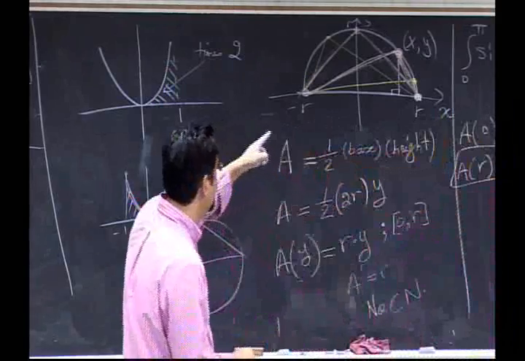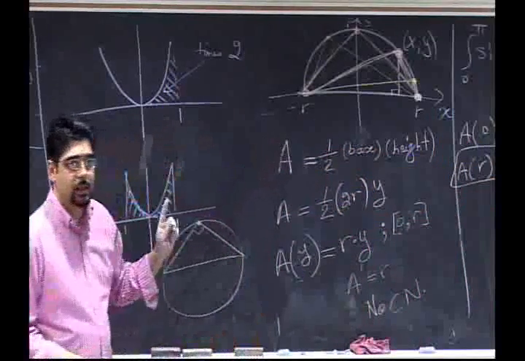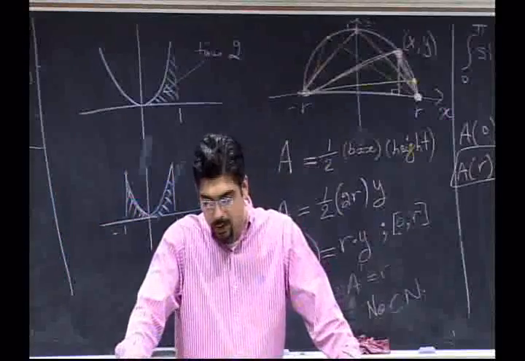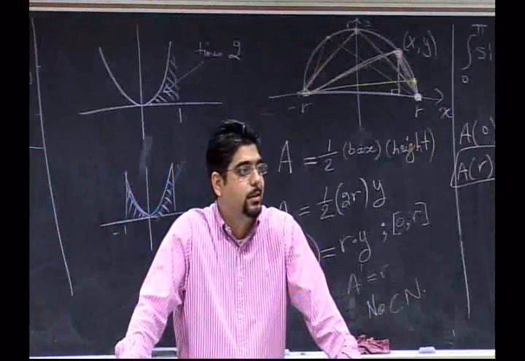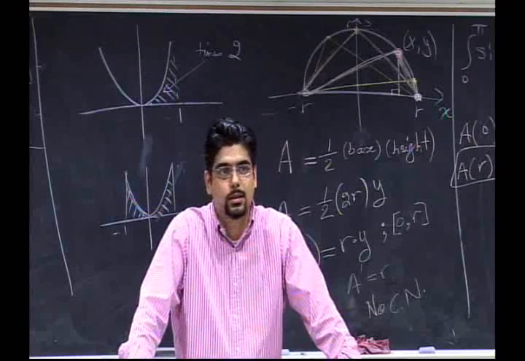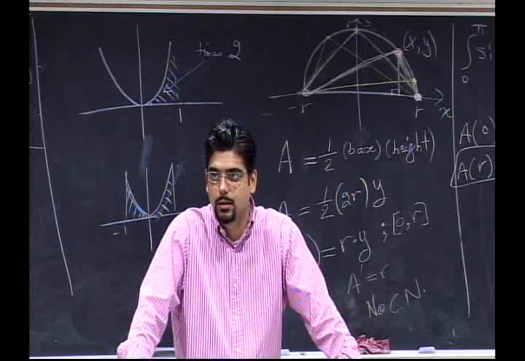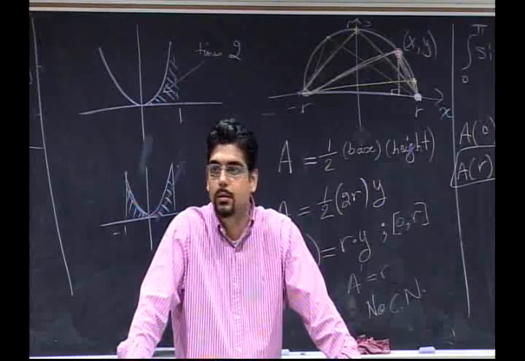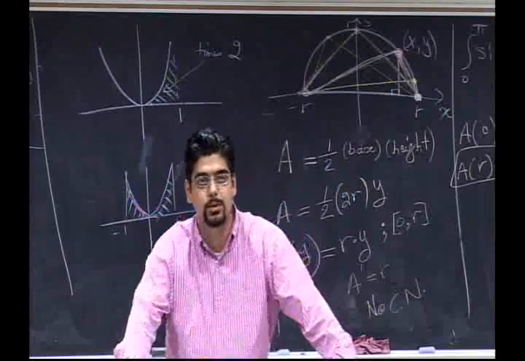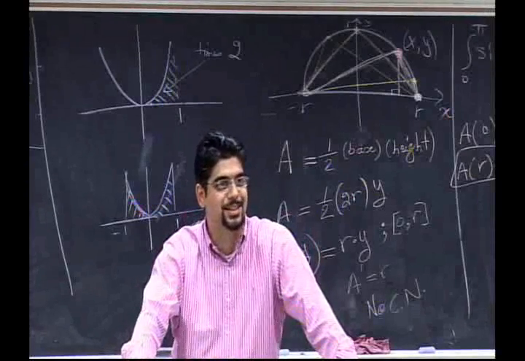I think somebody did this directly with a right triangle, and they got it right. God bless you. Is anybody here that did that with a right triangle? You get r square root of 2. Maybe I'm just dreaming these things.